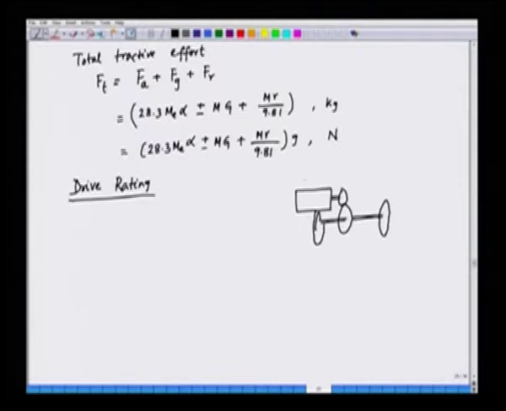So, this is the motor, and we have the gear, we have N1 here and N2 here, and the gear ratio in this case is N1 by N2, and these are the wheels. And this is the axle.